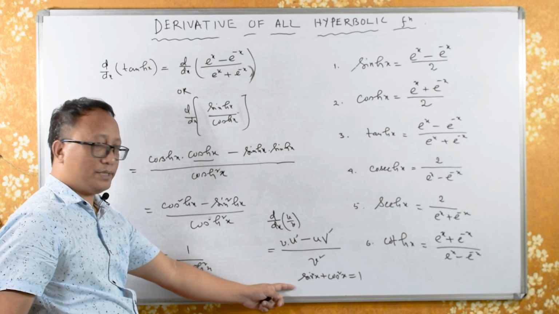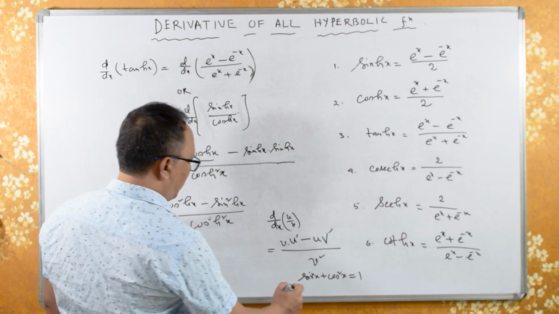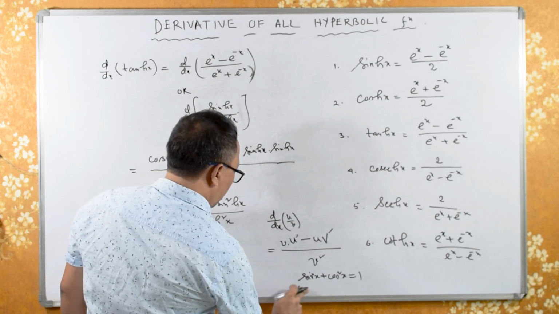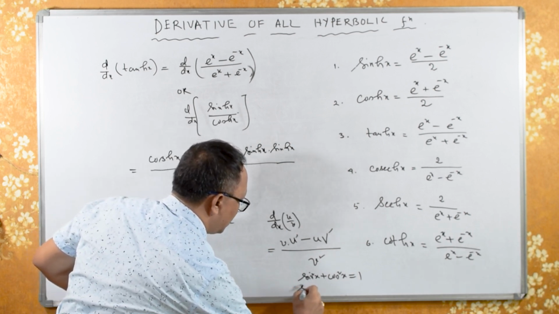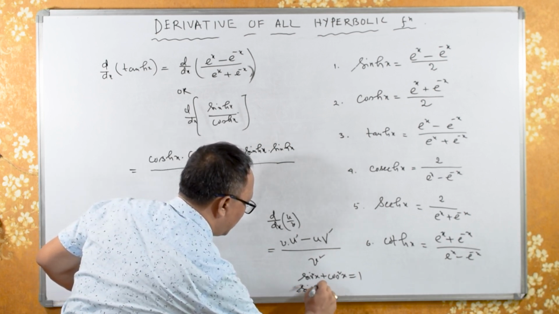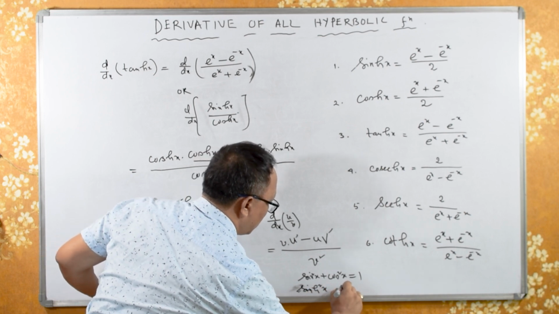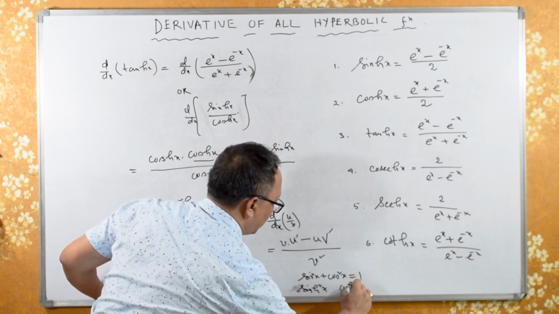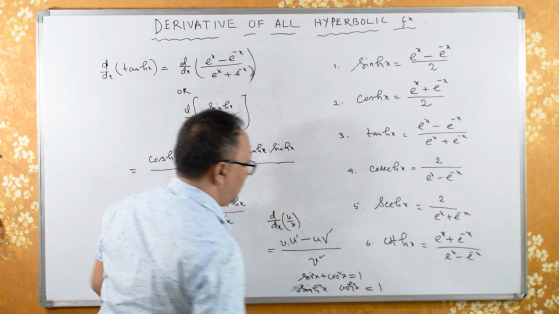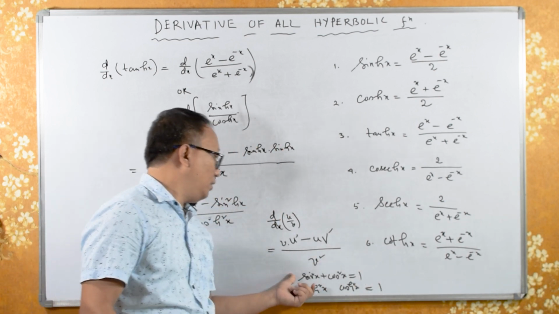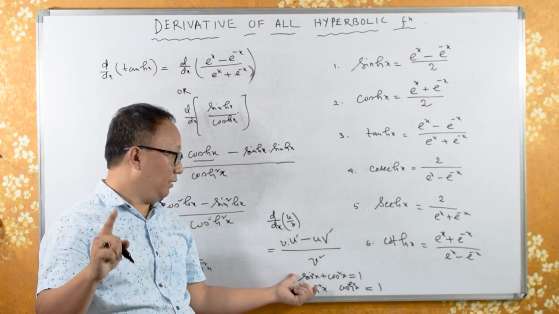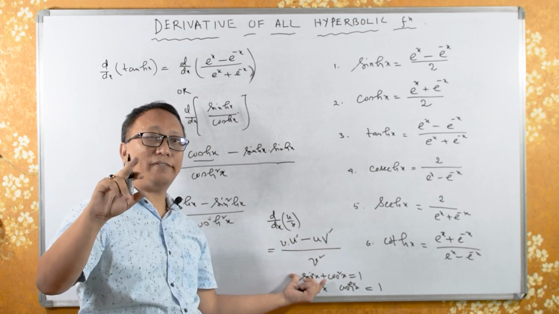Now if you want to know what is hyperbolic, just write down its hyperbolic form. After that you can check: sine hyperbolic square x, cos hyperbolic square x is equal to 1. In these identities, just find those trigonometric functions which have two sine functions.